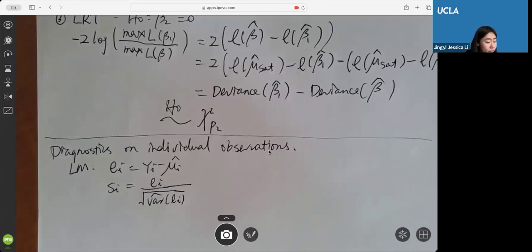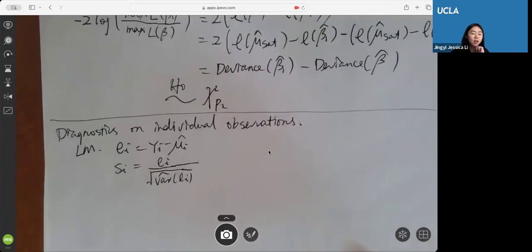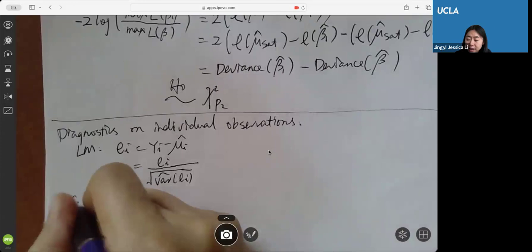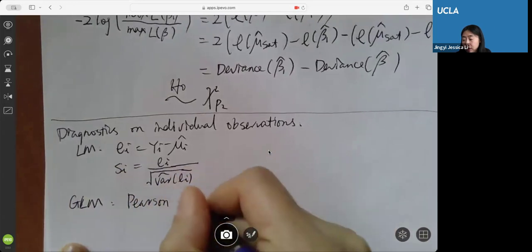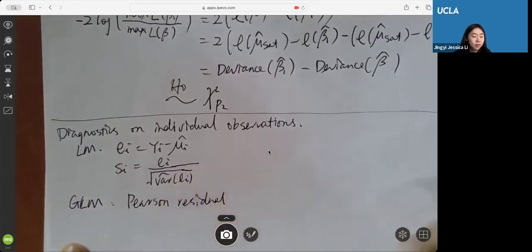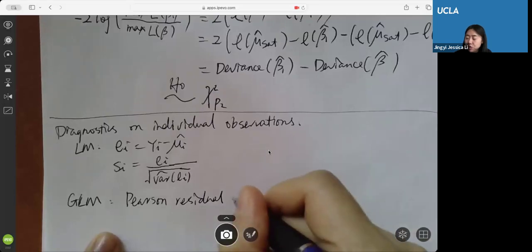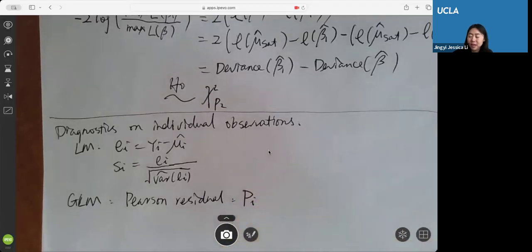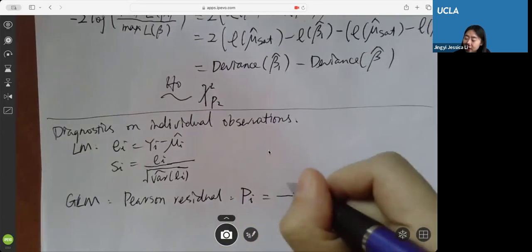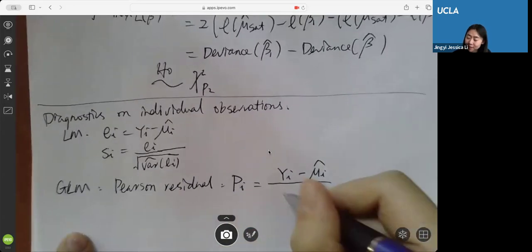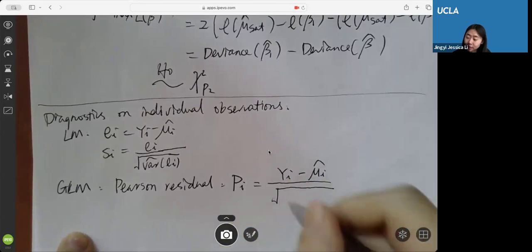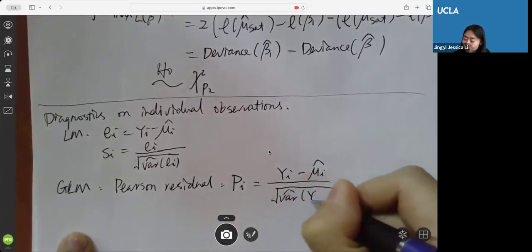How about GLM? For GLM, of course we need to think about standardizing by the variance. Same thing. The Pearson residual is essentially standardization, nothing special. The Pearson residual, P_i, where P stands for Pearson, is basically yi minus mu i hat divided by the square root of the estimated variance of yi.